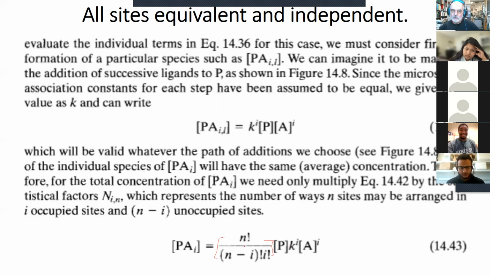There are multiple ways of doing this, and so you have to take into account all of those different ways of doing it. They have to be included in the overall expression. And that's what this Ki term ends up being. You have to include it so that it doesn't have this individual isomer inclusion. It reflects all of them at the same time.